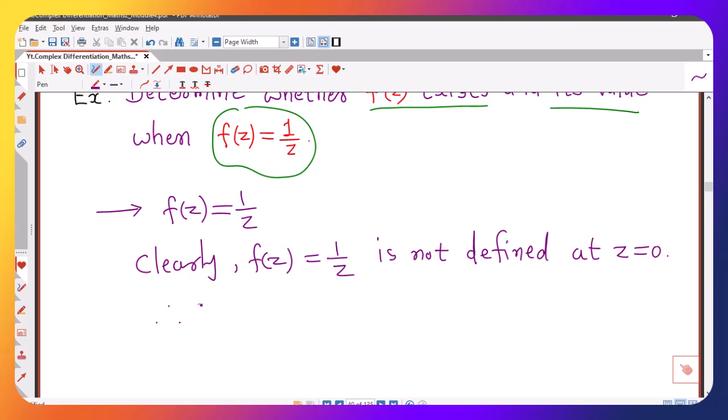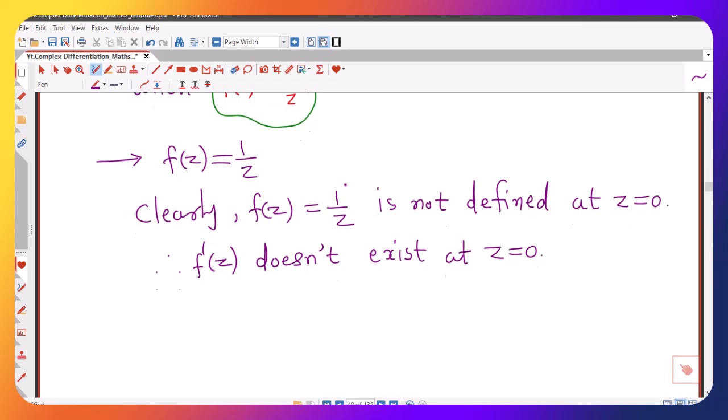So therefore we can write that f dash z does not exist at z equal to 0. So we are discussing at non-zero complex numbers only, and we start by considering polar form of z, which is non-zero. Let z equal to r times cos theta plus I sin theta, and this is non-zero.